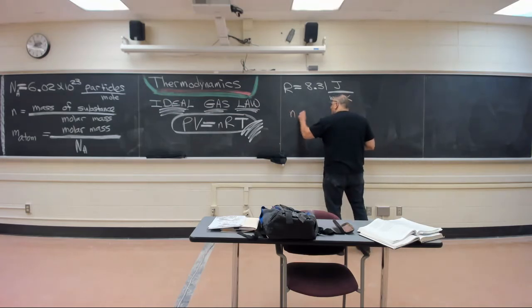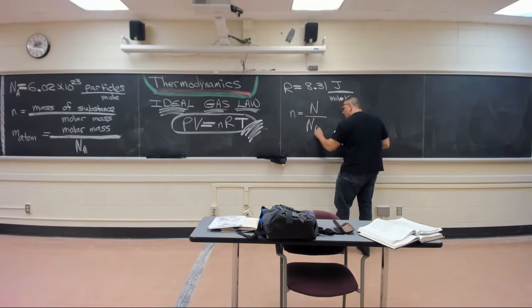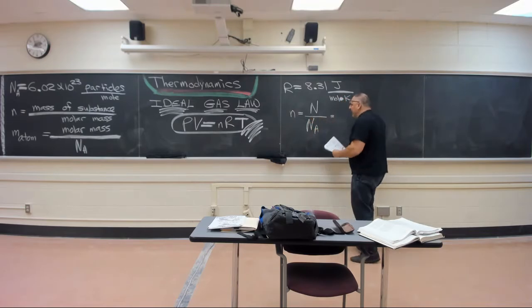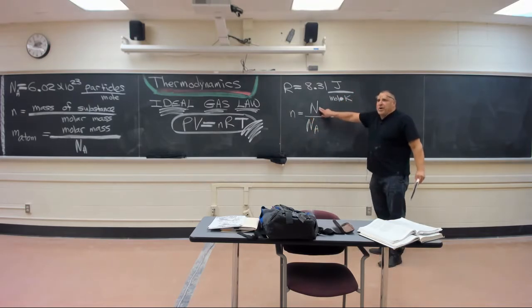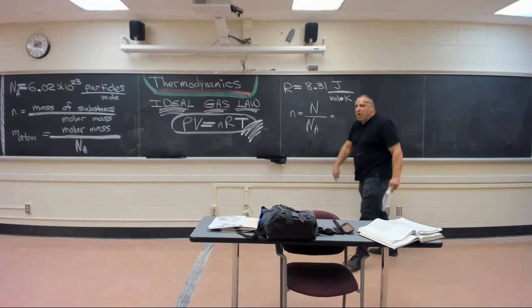N is the number of moles. How do you find that? Well, capital N is the number of atoms that are present, or number of molecules, whatever. And this is Avogadro's number. Look, let's get it straight. If there are 6.02 times 10 to the 23rd molecules present, and Avogadro's number is 6.02 times 10 to the 23rd molecules per mole, then the division is 1 mole.